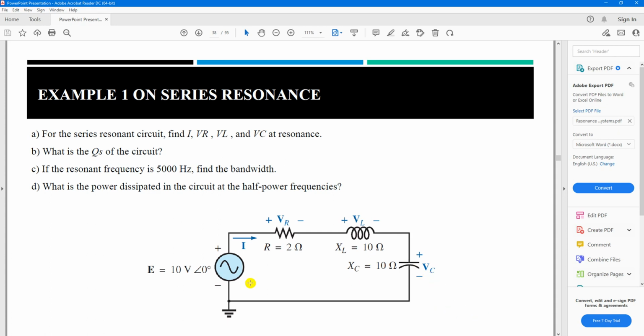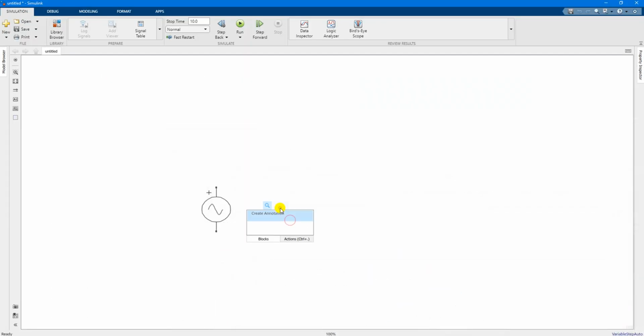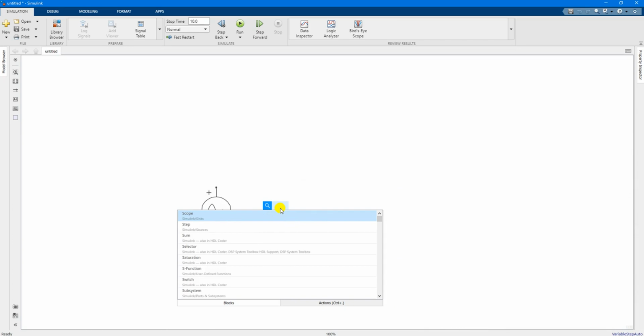So what are we going to do? Simply, the first step, resistance. Now you will see that we would also like to see the voltage across the resistor, the voltage across the inductor, and the voltage across the capacitor. So we can use something like this, a series RLC branch.